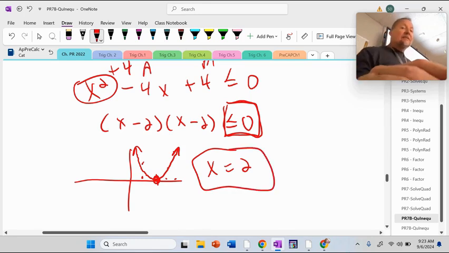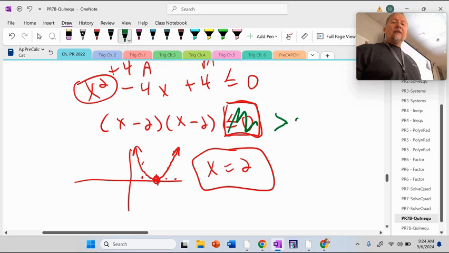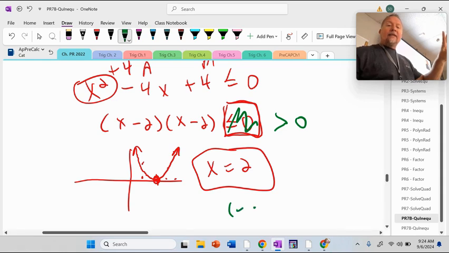You want to get nuts? Let's get nuts. What if I change this to greater than 0? Oh, that'd be all of them except 2. Sadly, how you'd have to write that is negative infinity to infinity, but not 2.